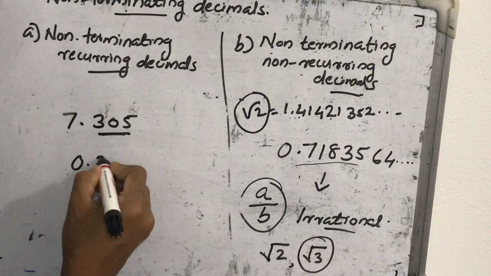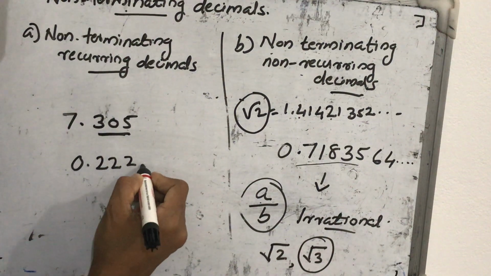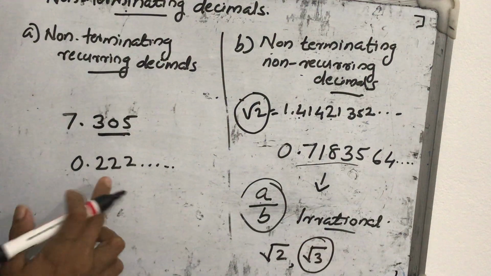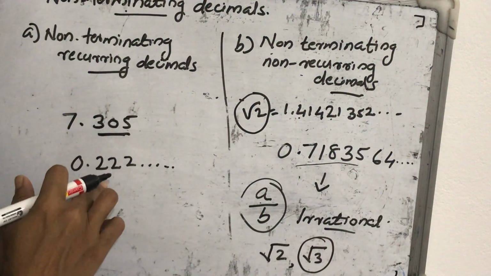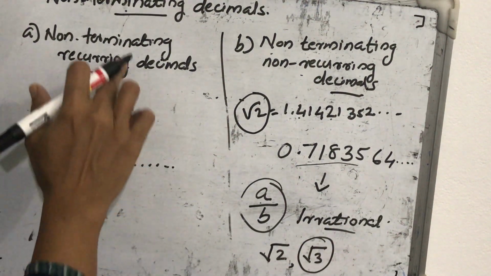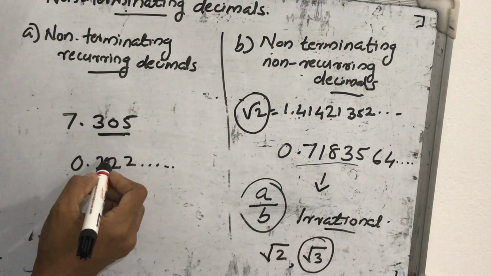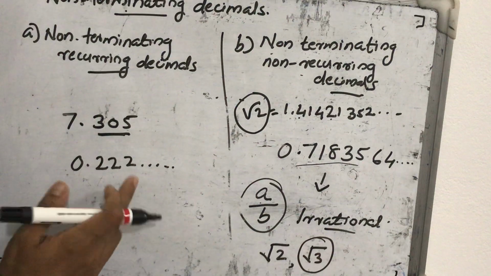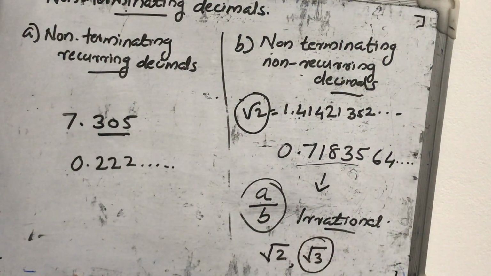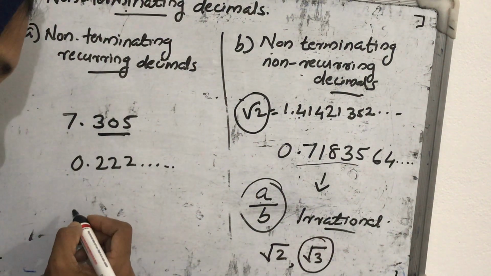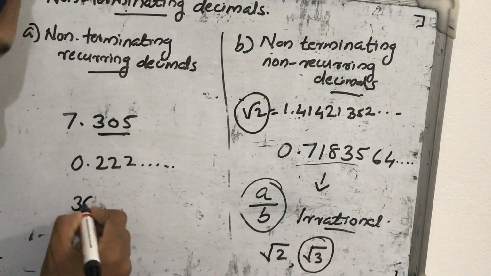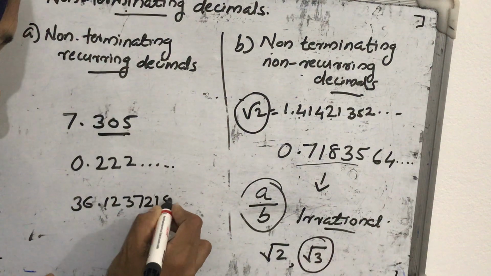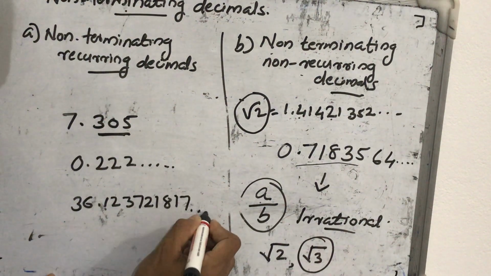Next, 0.222, this type. Can we? Yes, because we can also represent it in rational form. It falls in which category? Non-terminating recurring decimals, because the one digit 2 is repeating. So we can convert this into rational form. Another one is given: 36.123721817 and it continues.